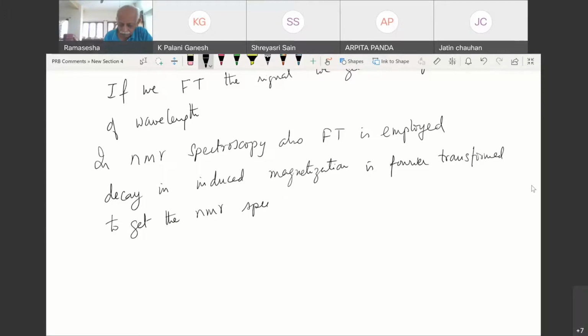So the magnetization decay that you are going to study in NMR is going to be very fast, and so you can do signal averaging of many magnetization decays. The accuracy of the experiment improves because it also uses this Fourier transform spectroscopy.